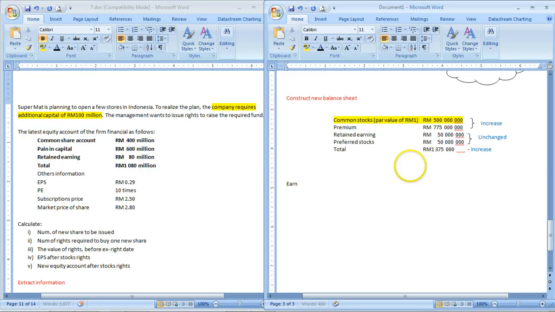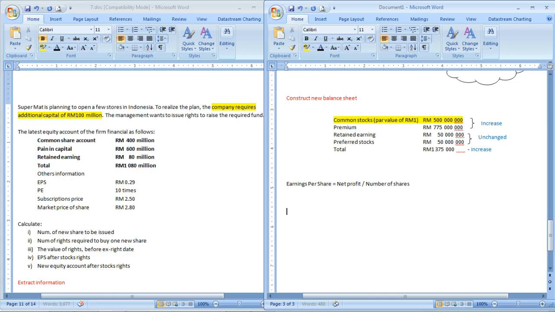Earning per share, EPS, equals net profit, or we can call it earnings available for common stockholders, divided by number of shares.